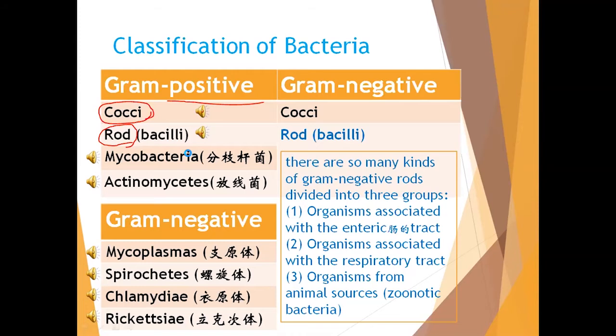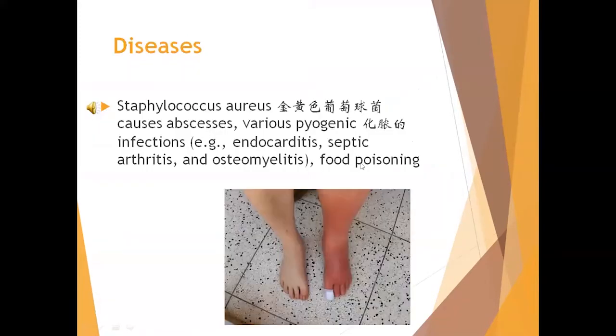It's just that when we use the microscope, one is at more magnification, so it looks bigger, but they are the same. Okay, now we're talking about the bacterial relationship with illness.